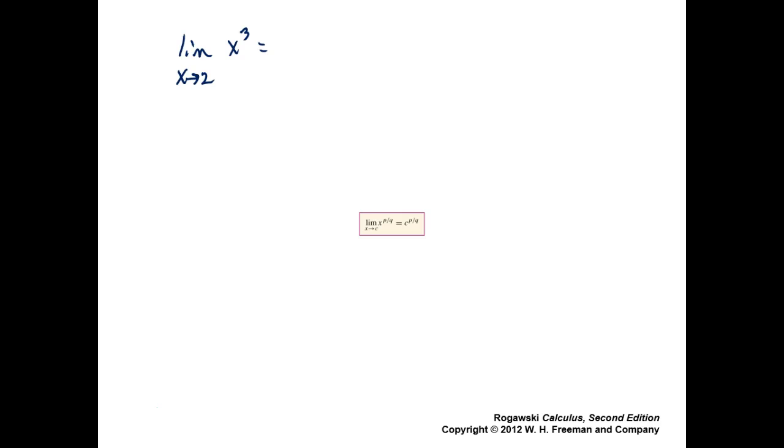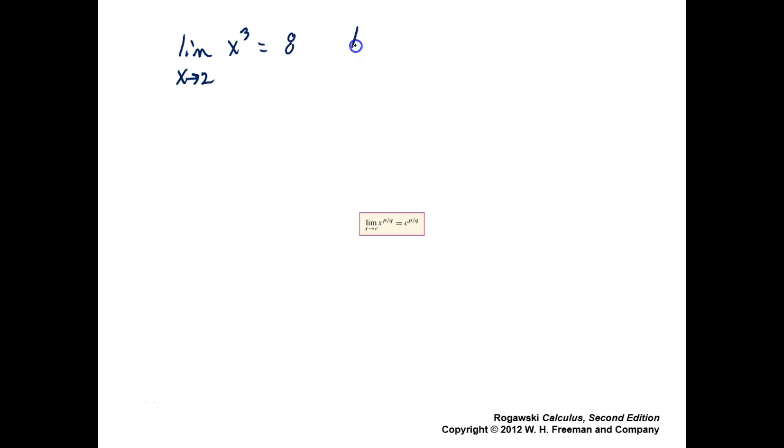Exactly. Look, don't let the laws mess you up. First thing you try, plug it in. Plug in the 2 for x. 2 cubed is indeed 8. Nothing strange or new there, hopefully.